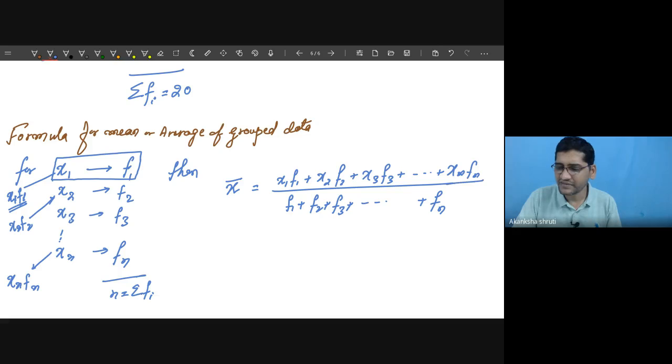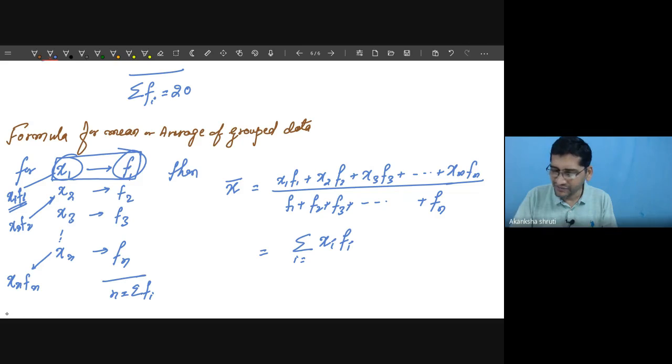That's simple. To write this in compact form, we use the summation symbol, but here it is a product, so we take xi and frequency fi. For the first class, there are f1 students or frequency f1, so x1 f1.